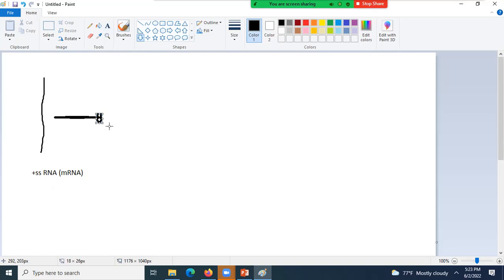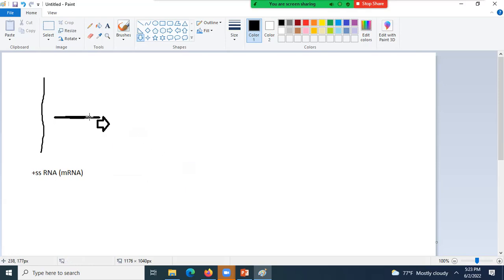Ah, there, I finally got the arrow, but it's not facing the right way. How do I rotate that? Oh, there we go. Rotate left, I think.